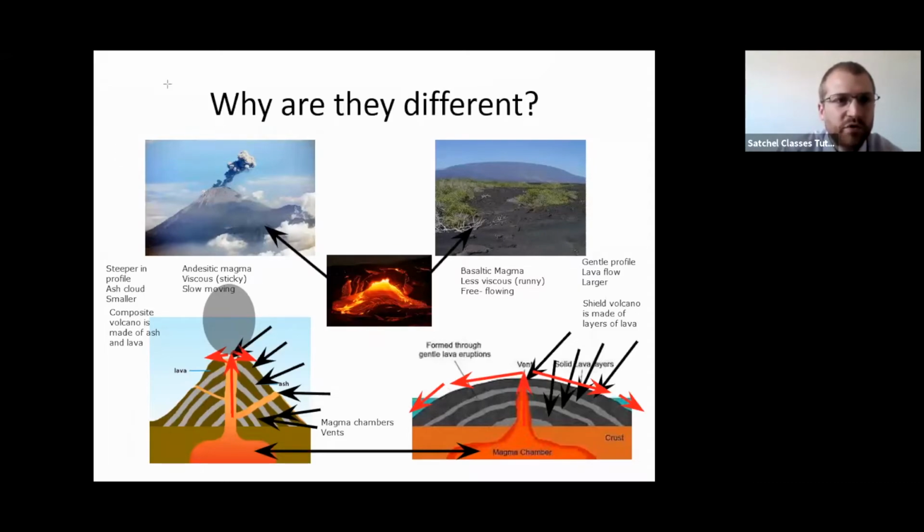So what we'll do, we'll just make a final annotation, and I'll pop it up here for this. So slow moving magma cools, doesn't travel as far.